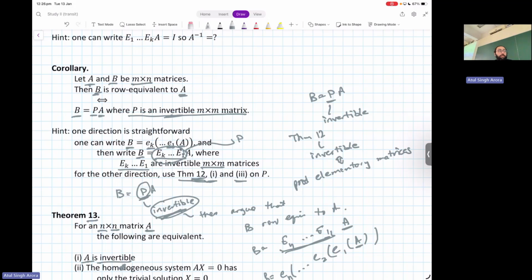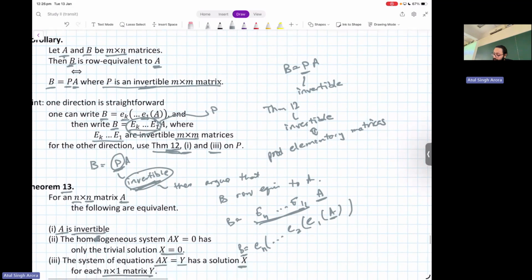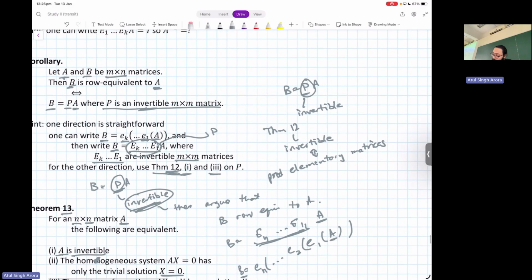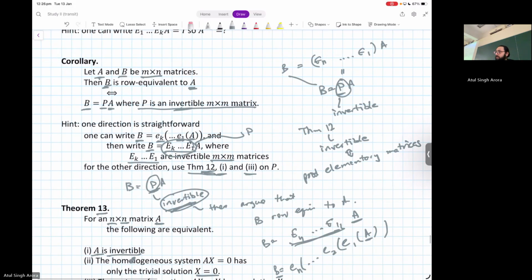So if you apply that statement here to P, then one can write P as some sequence of elementary matrices acting on capital A, and this entire thing has to be B. After that, it's clear, because every elementary matrix you can think of as an elementary operation, and so that means B is row equivalent to A. Is that good?